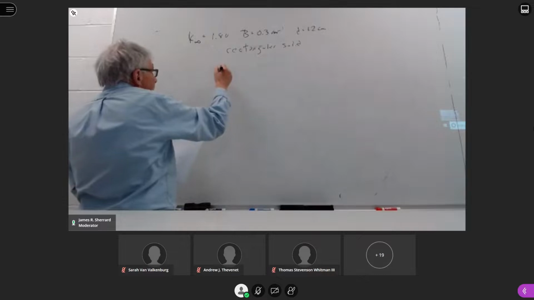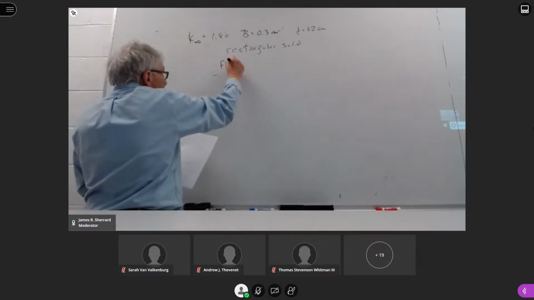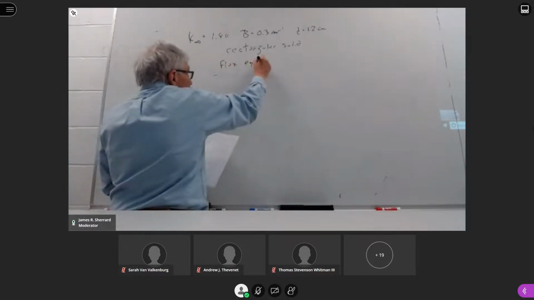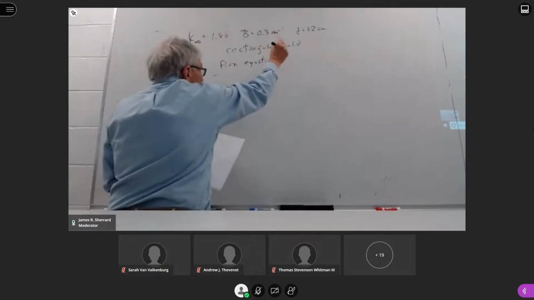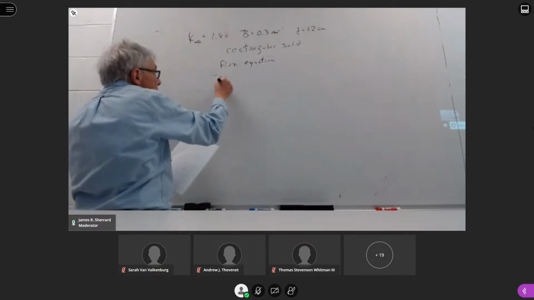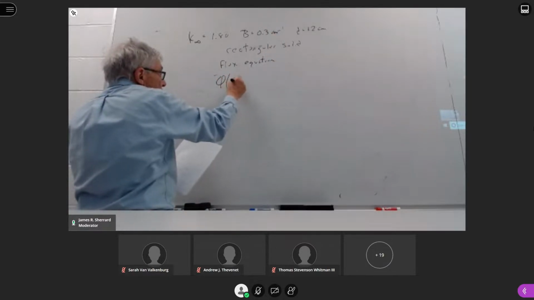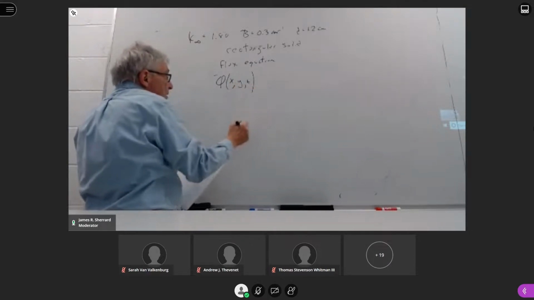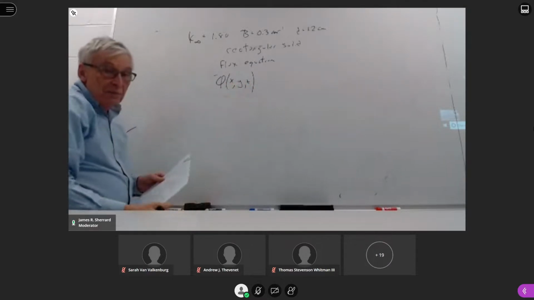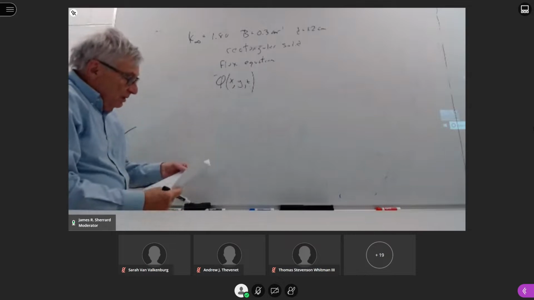And we know the flux equation for a rectangular solid is flux, which is a function of x, y, and z. Again, these three are the independent variables. Flux is a dependent variable.